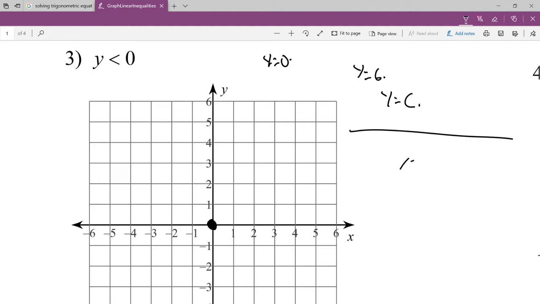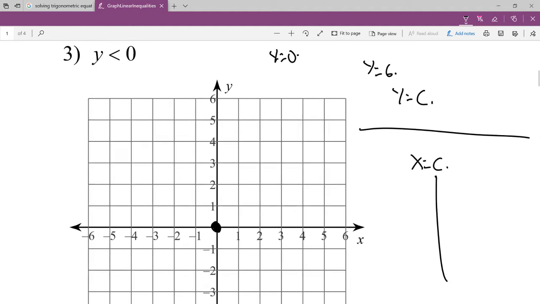And if you had x equals c, you would do a vertical line. This is how it would look: you would use that for y equals c, and this for x equals c.